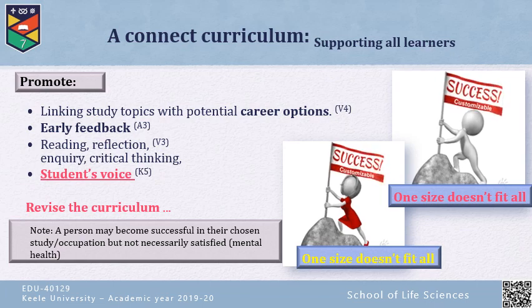Why are postgraduate students particularly, and even undergrads in certain universities, suffering from mental health problems? So by designing a connected and inclusive curriculum, we are going to minimize those unwanted adverse effects as well.